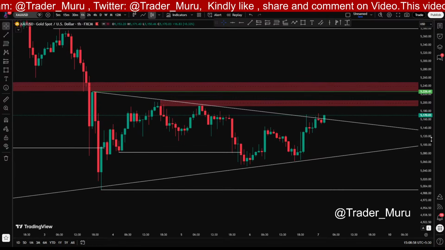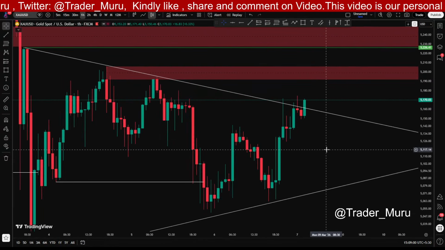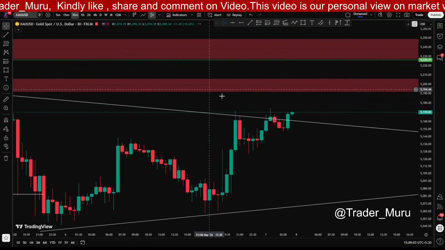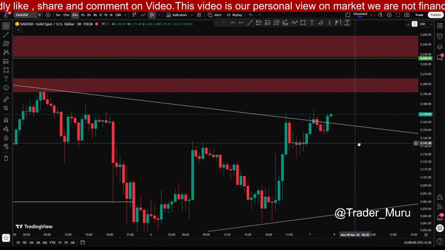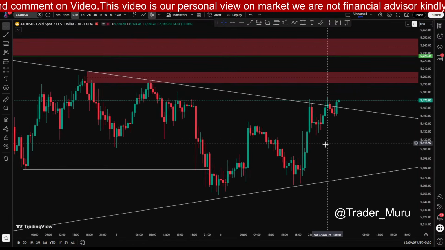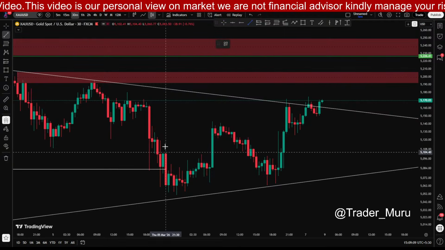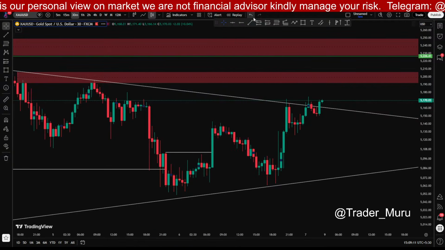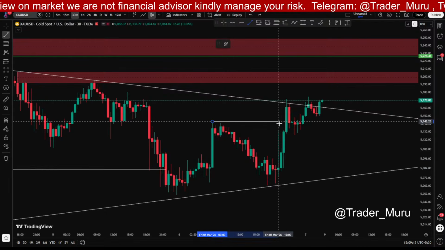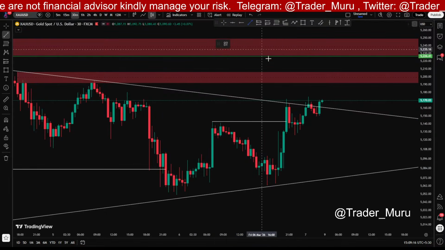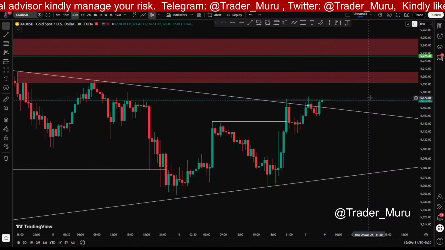So what can we do over here on Monday opening? We have to go for a 15-minute time frame. In this time frame we have this shift, this last breakout structure, and this is current resistance.